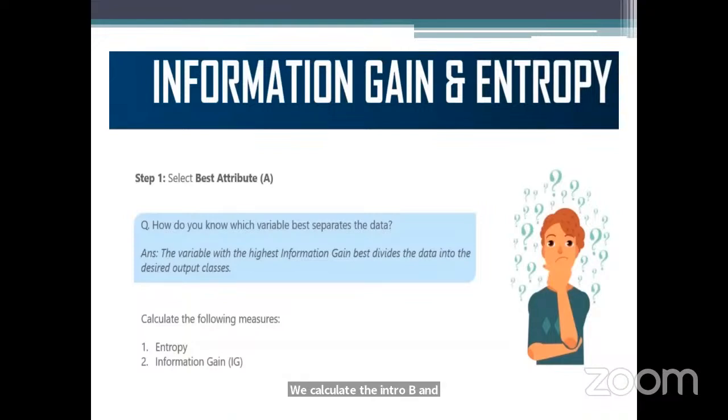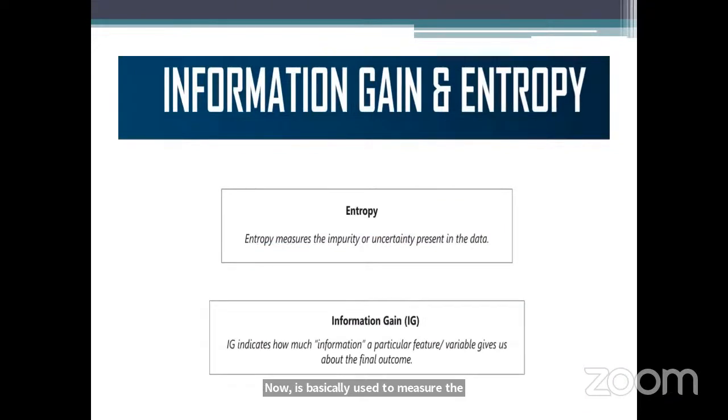Now, what exactly is entropy and what exactly is information gain? Entropy is basically used to measure the impurity or the uncertainty present in the data. It is used to decide how the decision tree can split the data.